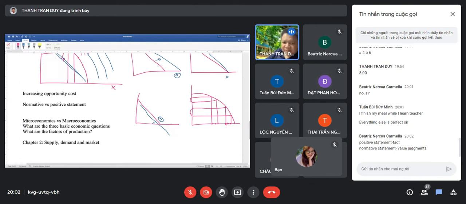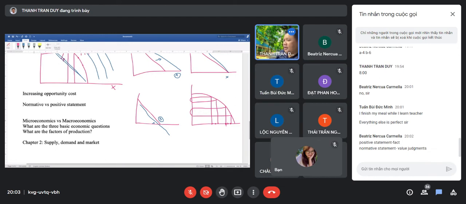Positive statement is fact, normative statement is value choosable. Yeah, that's the definition. But can you explain or differentiate by giving an example or further explanation? Yeah, exactly.